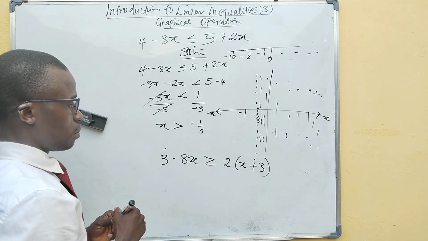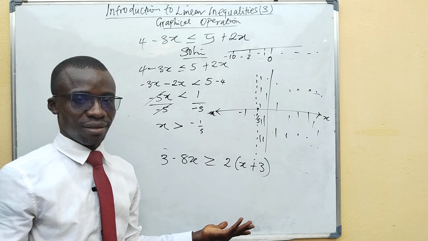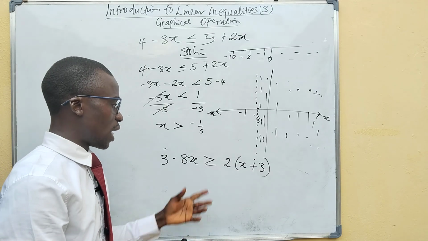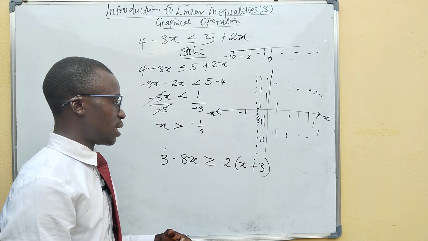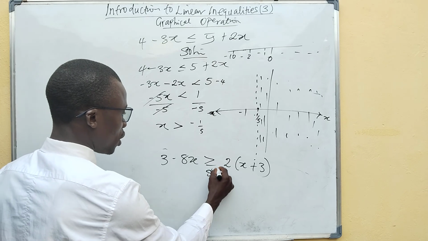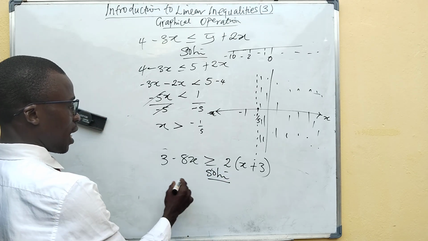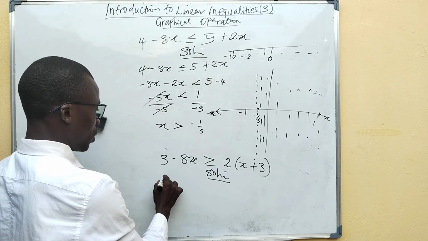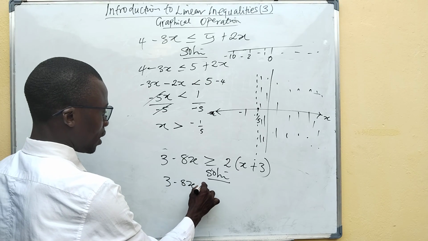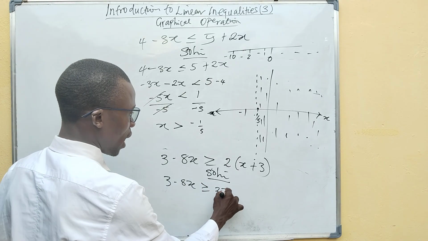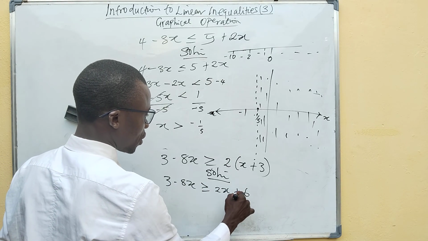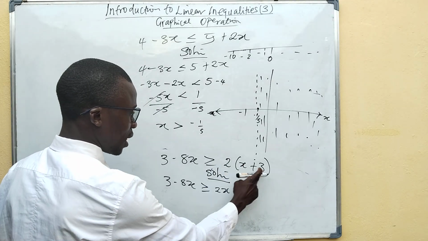If I have this, I think it's not a problem, you can just open the bracket, then you solve. We have 3 minus 8x is greater than or equal to 2x plus 6. This times this is 2x, this times this is 6.